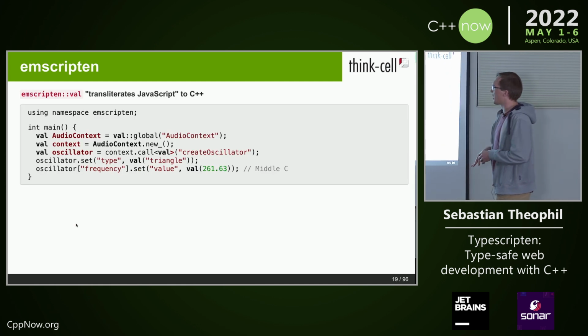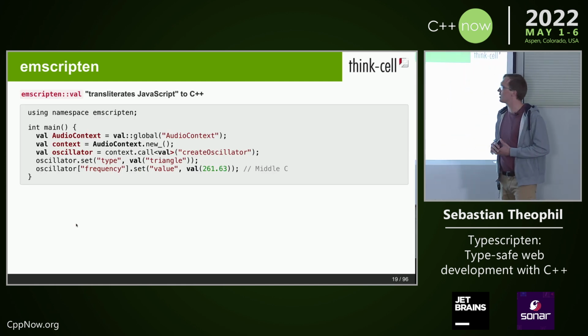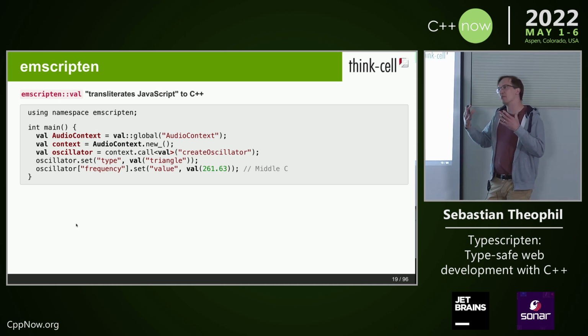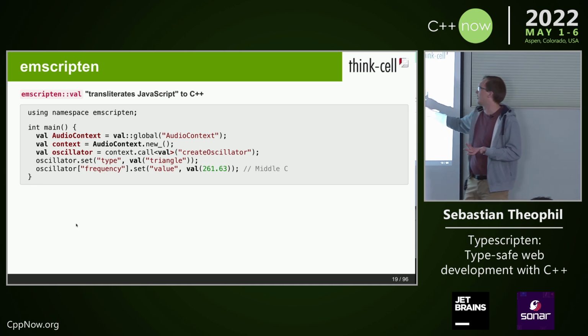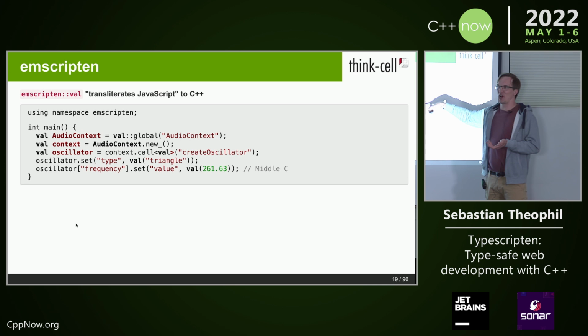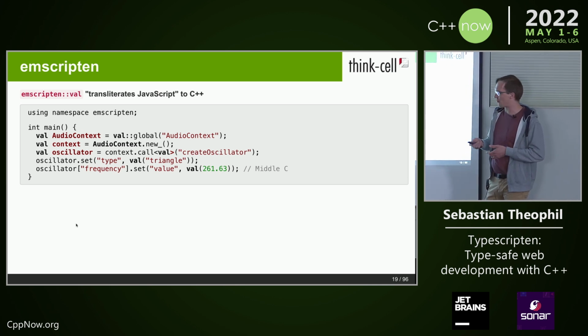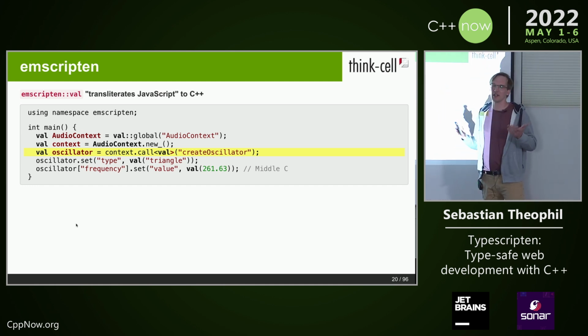And then there's this API that I've shortly shown in the beginning, emscripten val, which is kind of a way to make a transliteration of JavaScript to C++. So this is almost a one-to-one translation from the JavaScript to C++. And I've already mentioned the problem in the beginning. So here, none of this is in any way type checked.